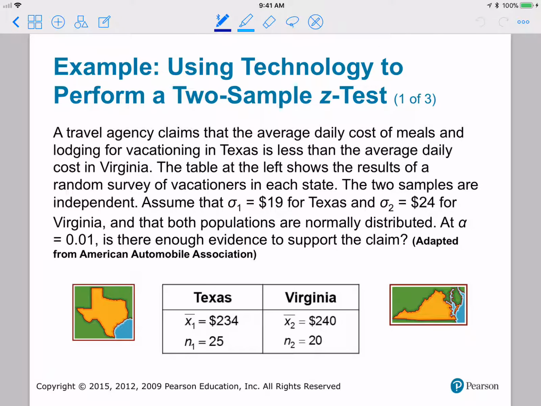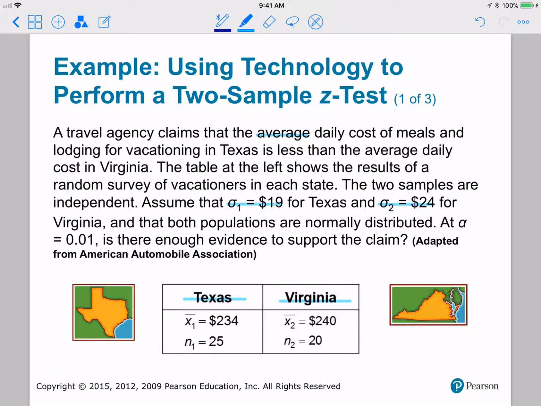Okay, so here we can go ahead and highlight that information. It is a hypothesis test for two samples because our two samples are from Texas and Virginia, and it is for the mean because here we're given this information about the average. Average is another way of saying mean. Sigma 1 is known. Sigma 2 is known.